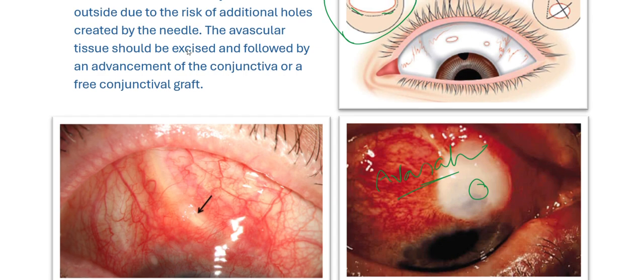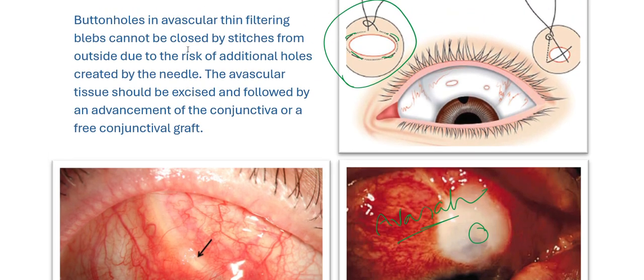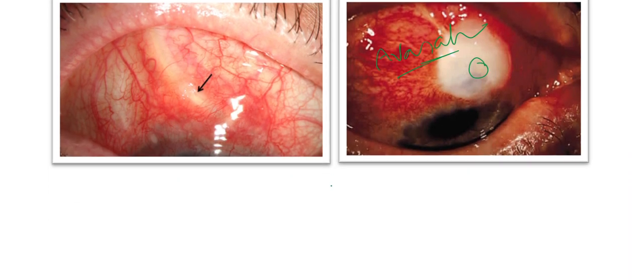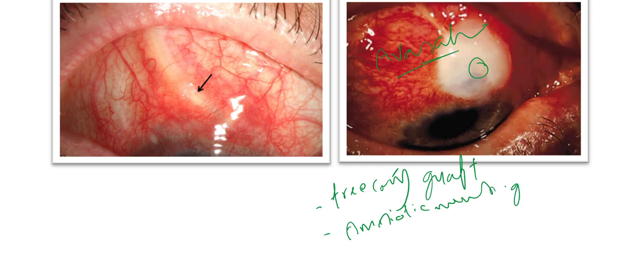So in this case, we need free conjunctival graft, we need amniotic membrane graft, and preferably below this graft we can interpose the Tenon's capsule.